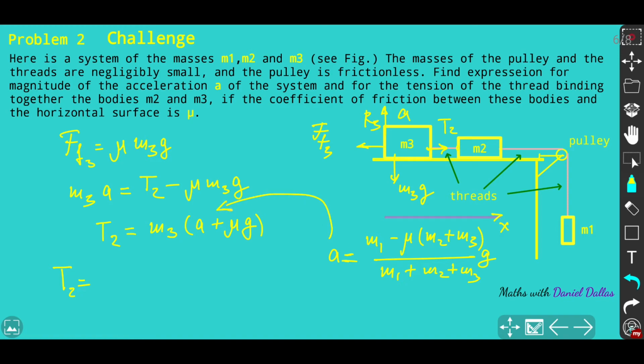So we can even take out g as the common factor, and we'll be left with m1 minus mu times m2 plus m3, and plus mu times the total mass, m total, where m total is the total mass, and we divide everything by the common denominator m1 plus m2 plus m3.